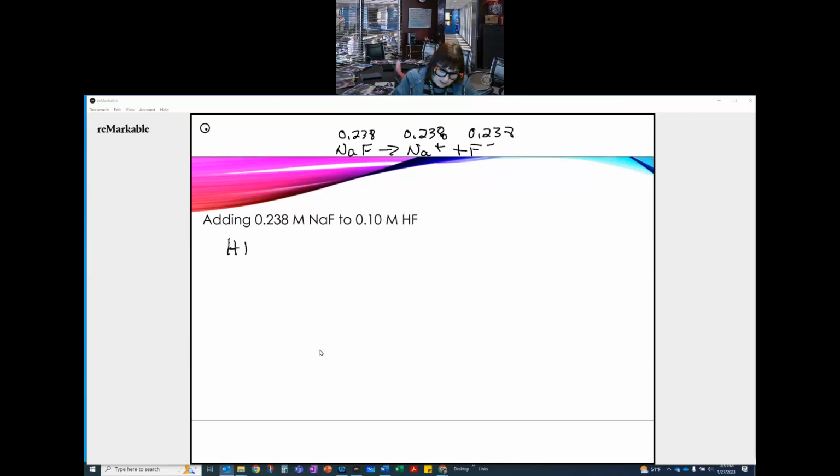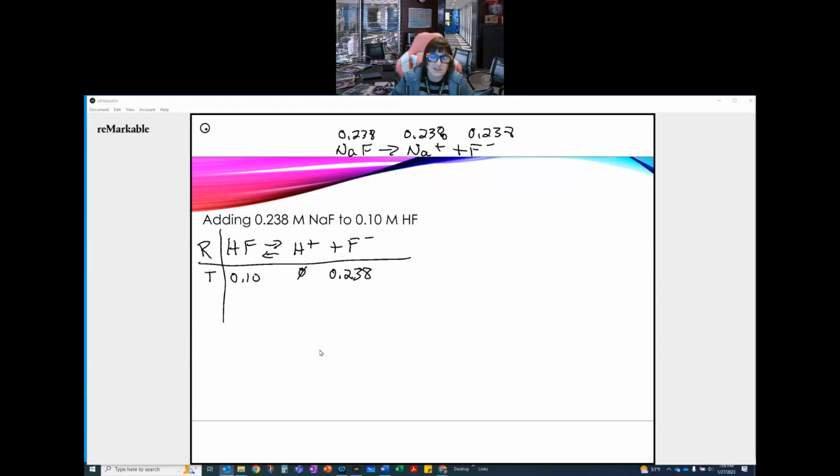So I take my weak acid and I write that as falling apart to H plus and F minus. That's my reaction. My initial conditions, I have 0.10 molar HF. I also have 0.238 molar F minus. We assume that the H plus is 0 initially.